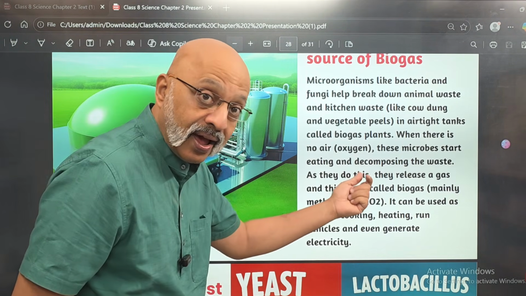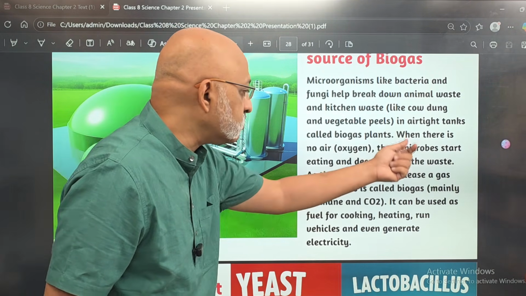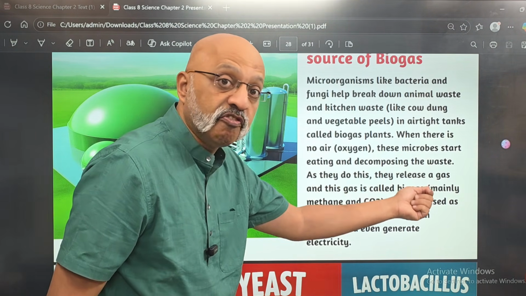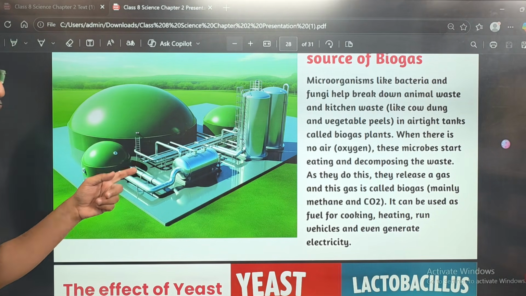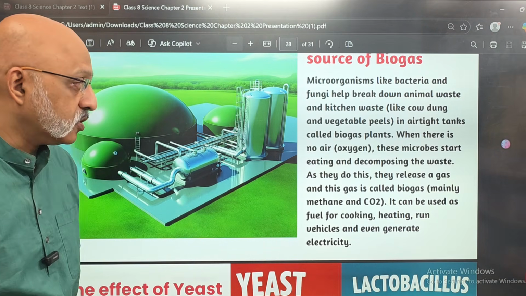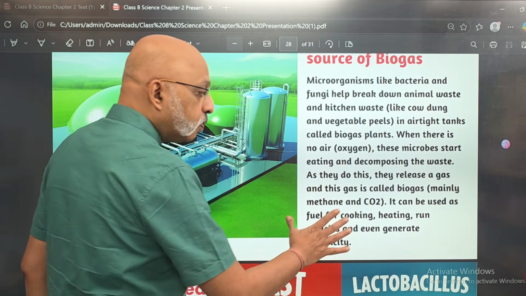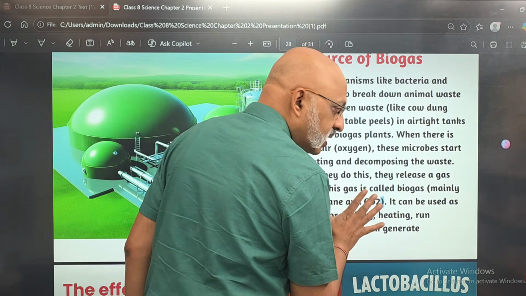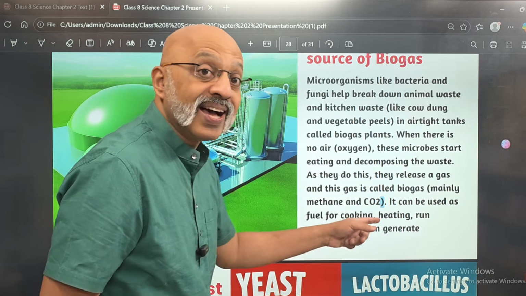When there is no air, that means no oxygen is provided, these microorganisms start eating and decomposing the waste which has been put inside these tanks. As they do this, they release a gas, and this gas is called biogas. Okay, mainly it is carbon dioxide and methane gas. So please remember these two gases, methane and CO2, which is carbon dioxide, which can be used as a fuel.